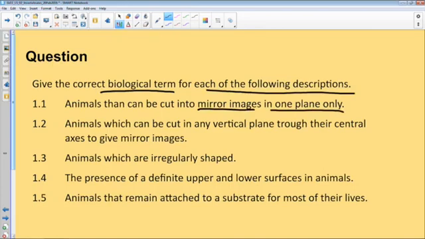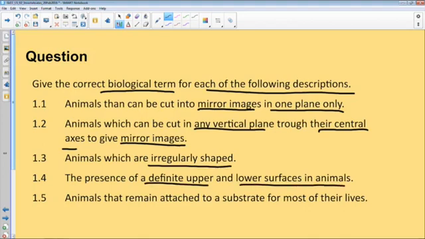Question 1.2, animals which can be cut in any vertical plane through the central axis to give you mirror images. Question 1.3, animals which are irregularly shaped. Question 1.4, the presence of a definite upper and lower surface in animals. Question 1.5, animals that remain attached to the substrate for most of their lives, and the key word is attached.